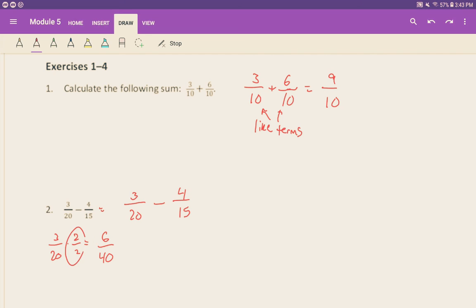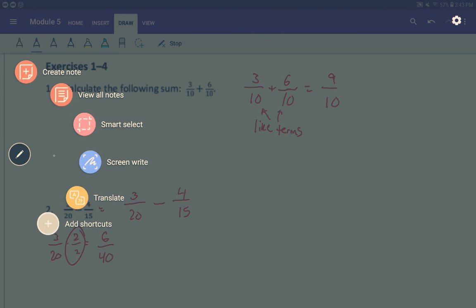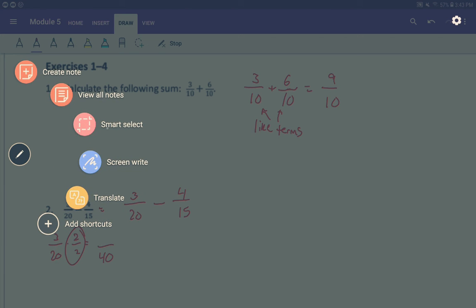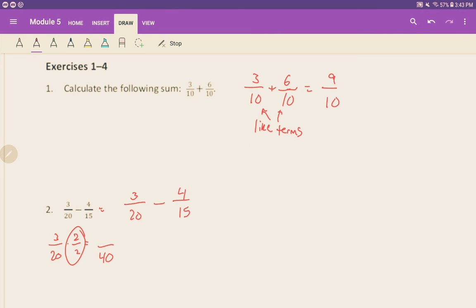Well, what am I really multiplying by here? If I multiply by 2 over 2, what's 2 over 2 the same as? It's the same as 1. So what we're really doing there is just multiplying by 1. That doesn't change the value, and we end up with 6 over 40.